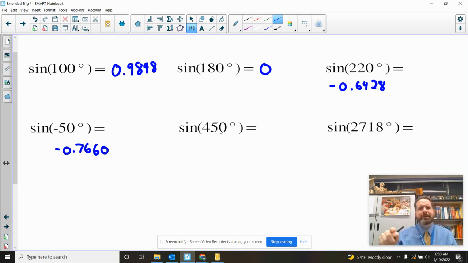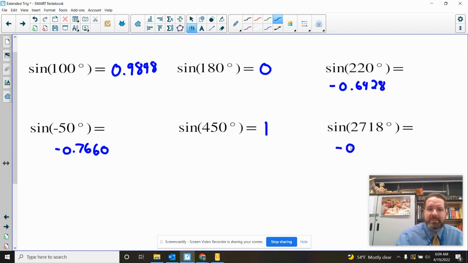Now 450. So think about how we're doing our angles. That's all the way around the circle, and then another 90 degrees. So the sine of 450 degrees, interesting again, ends up being just the number 1. And sine 2718. So that's lots of times around the circle, and then a little bit extra. Let's see where we end up.